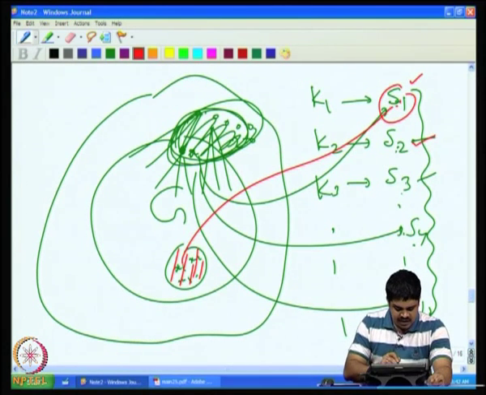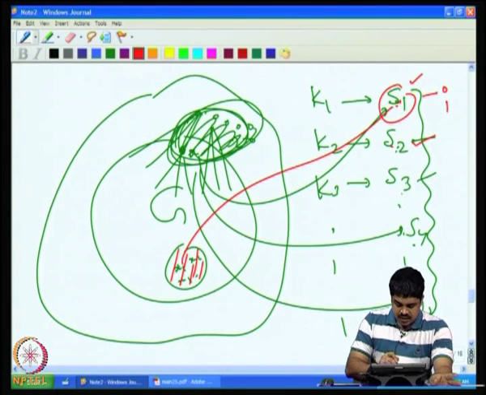S1 will say that I will anyway count 1 or 0 for this entire clique, because only one vertex from this clique can be inside me. No two of them will count me, only one will count. Therefore, from S1 you may get 0 or 1. From S2 also the same thing, 0 or 1.